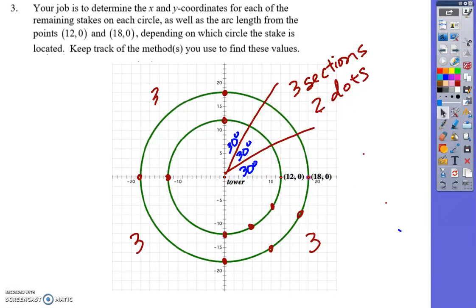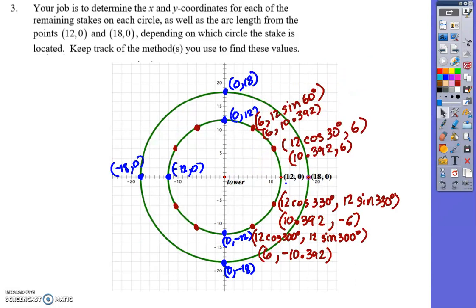Okay, I'm going to give you a couple of hints on the first circle only, just to help you along if you're stuck. Here are the calculations I did for 4 of the points: 2 in the first quadrant and 2 in the fourth quadrant. On this one, I didn't actually write how I got 6. I'm dealing with 30 degrees for my first angle and then 60 degrees for my second angle in this quadrant.